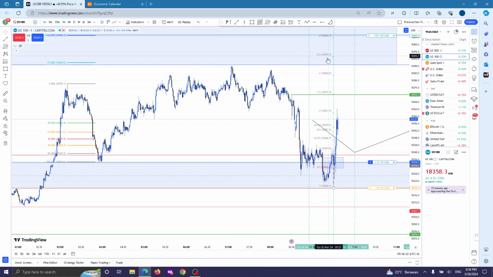Market maker buy model 2.5. This is the buy side liquidity.